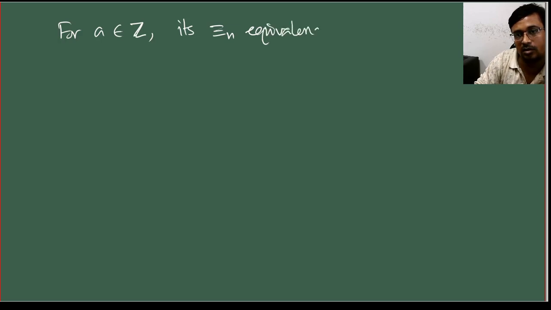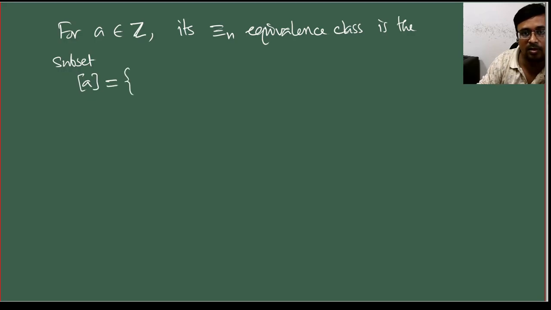Now, for a belonging to Z, this equivalence class is the subset consisting of all integers b belonging to Z such that b is congruent to a mod n.